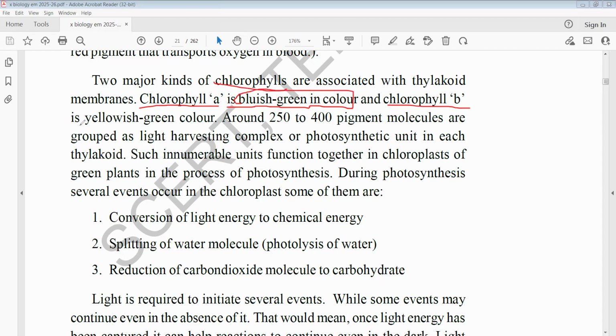Chlorophyll B is yellowish green in color.